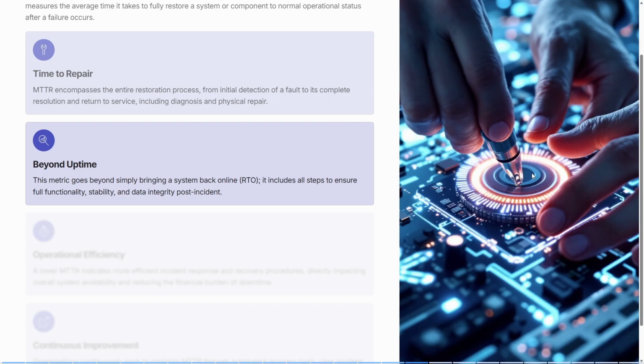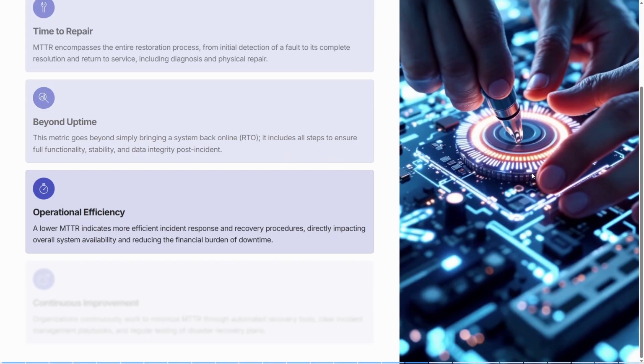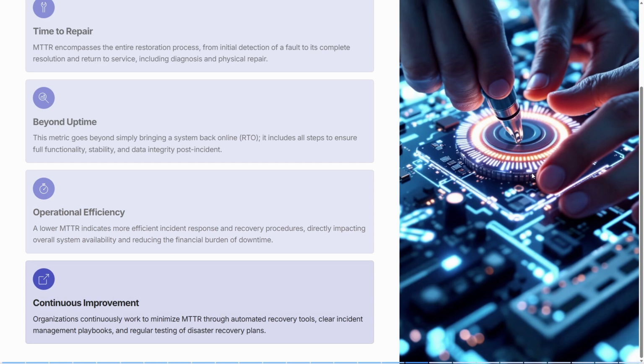So we're really looking at how long between shutting down and getting back up again before everything is exactly as it needs to be. The lower your MTTR, the more efficient your incident response and recovery procedures are going to be, essentially. So businesses are always working to make this number as small as they possibly can.